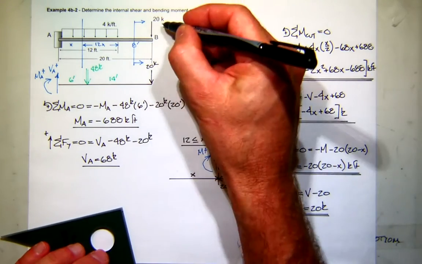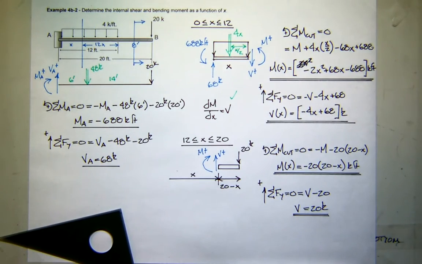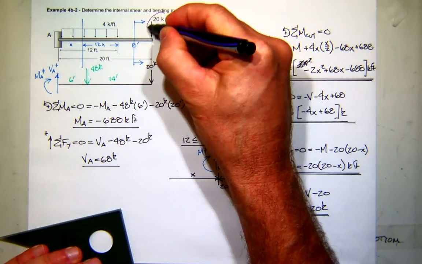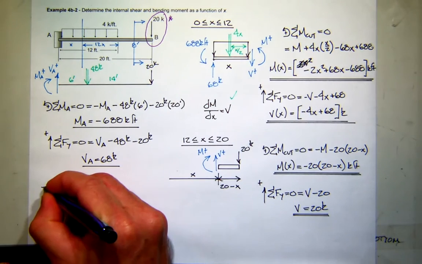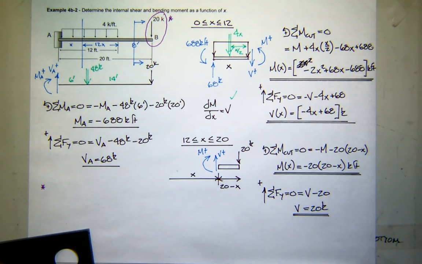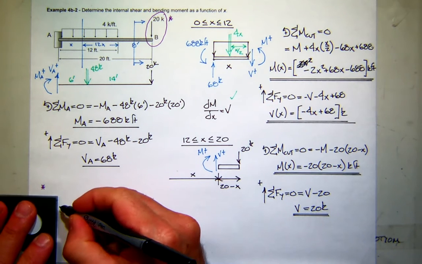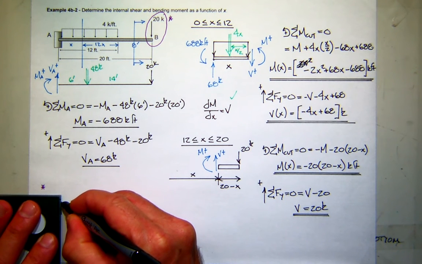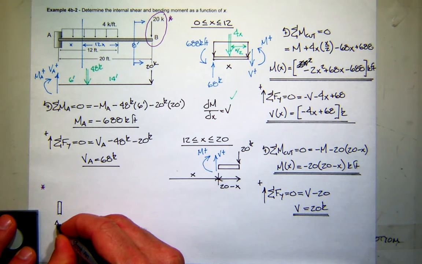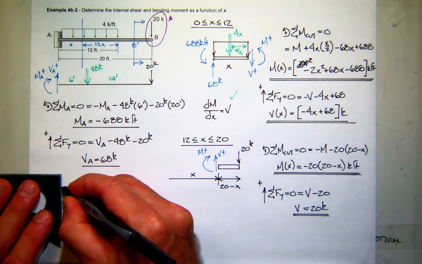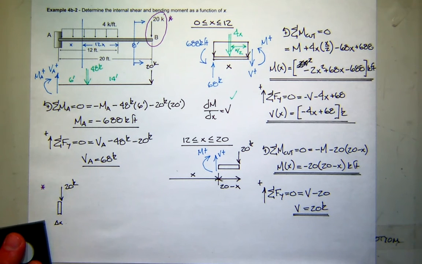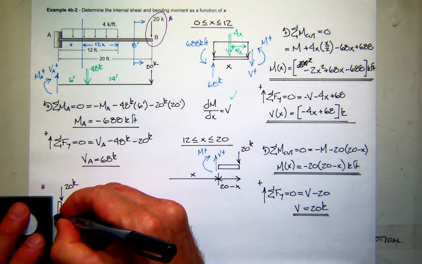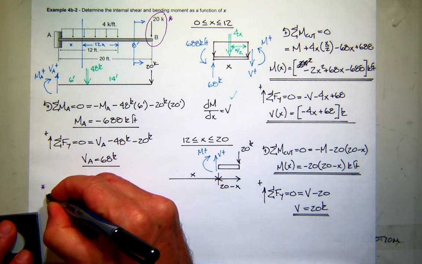Yes. Let me show you something. If I pick a different color just for fun, and look at that little blob right there, I'm going to make a really little thin slice. I'll even call it dx. On the far right side is my applied 20 kip force, and then internally this is my positive shear.